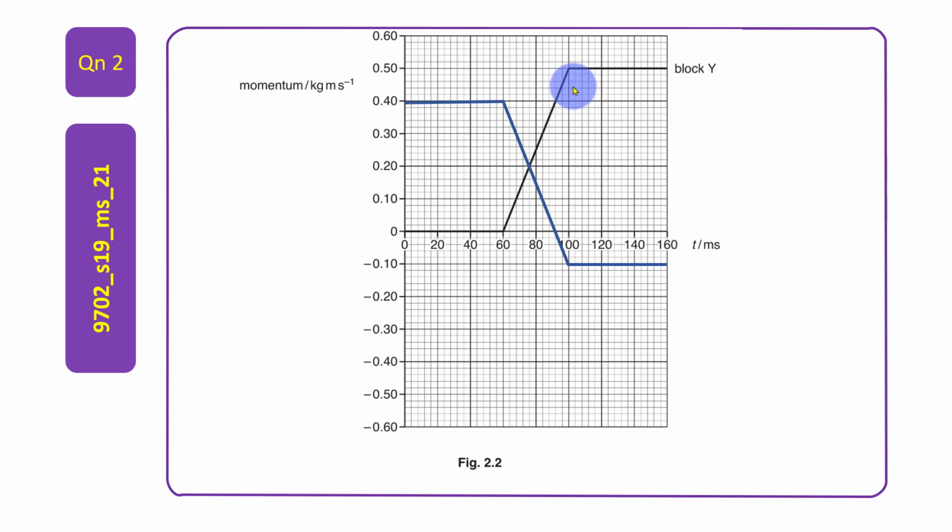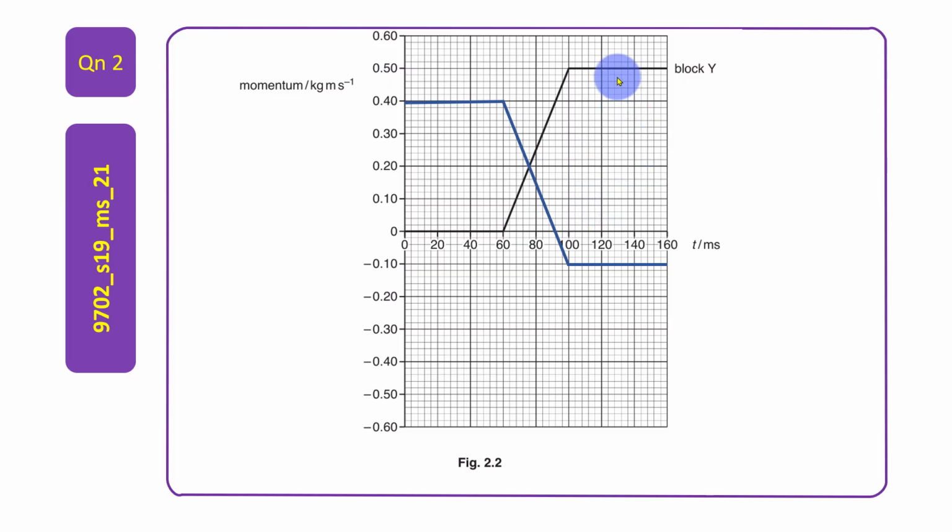Let's look at the total momentum after they collide. Body y has a positive momentum of 0.5 kilograms meter per second. Body x has a momentum of minus 0.1 kilograms meter per second. If you add the two, 0.5 plus minus 0.1, you will get 0.4.